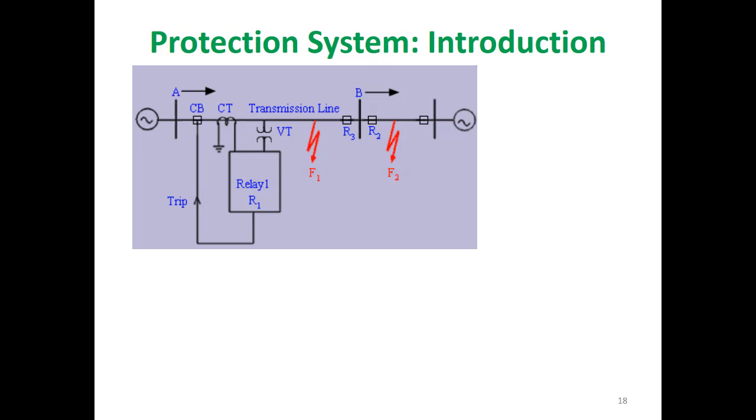In the relay we need sometimes only the current signal, or sometimes both current and voltage signals. If the relay has a directional element, then obviously we need both the current and voltage signals. If it is not a directional relay, then only the current signal is sufficient.